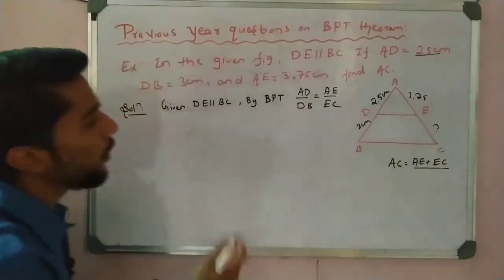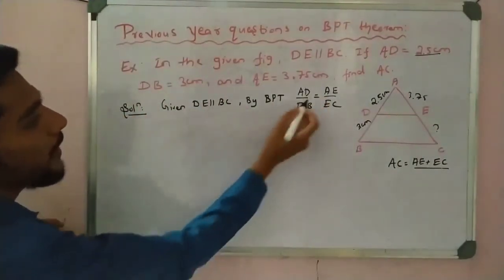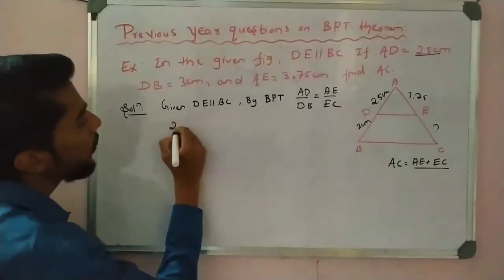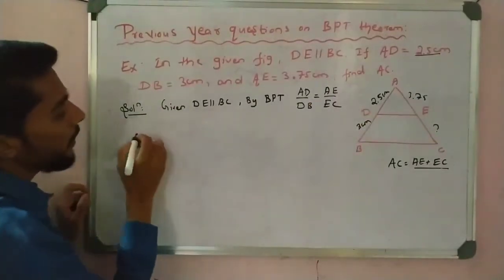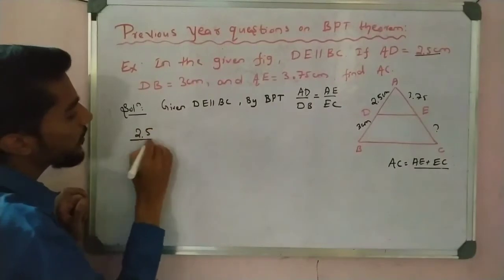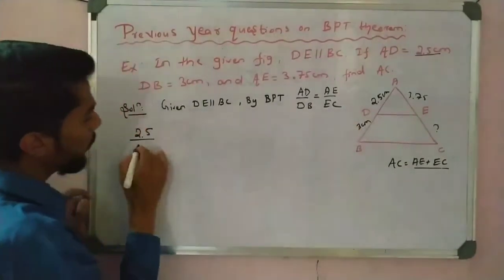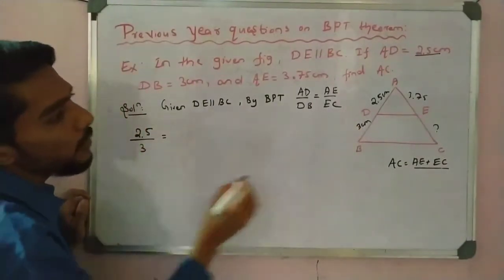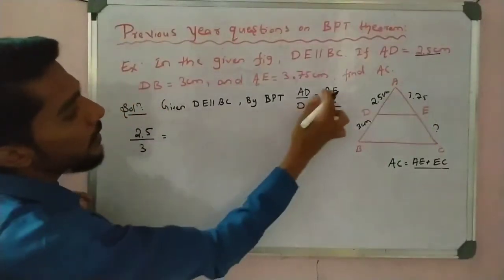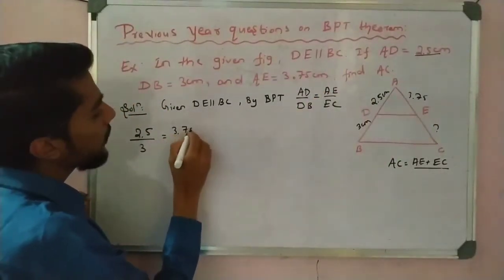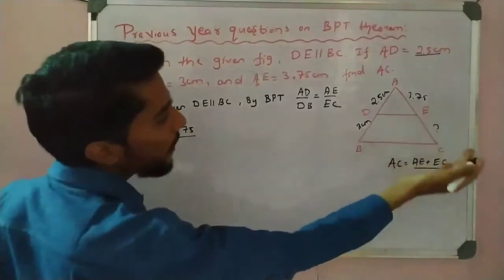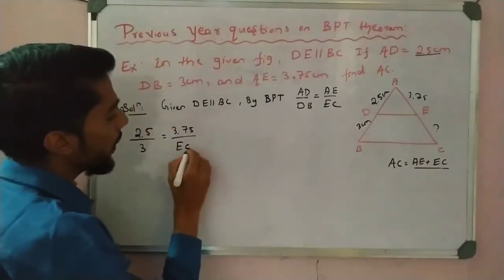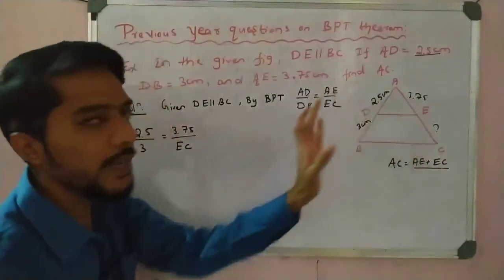Using the formula, AD is equal to 2.5 centimeter, DB is equal to 3 centimeter, AE is equal to 3.75 centimeter, and EC I can take directly.